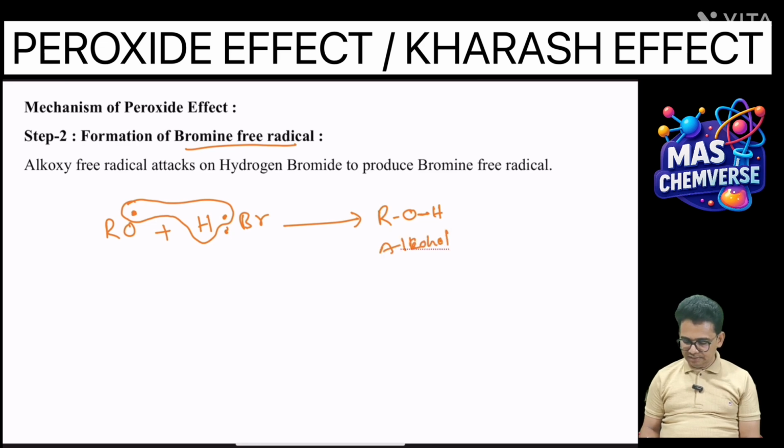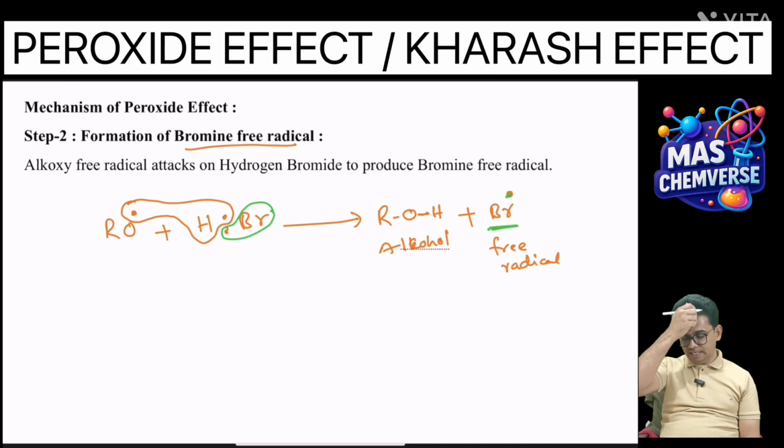Along with that, a bromine free radical is produced. This is very important. How is the bromine free radical formed? Because this has only one electron, it forms like this.